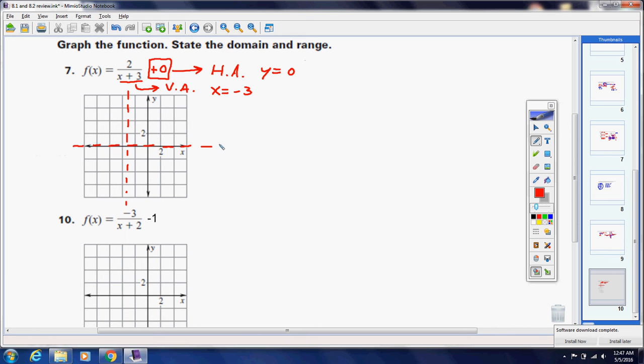And as we get really close to our vertical asymptote, the graph is going to get really close to our vertical asymptote as well. So we want x values around here and x values around here, to just make our graph a little bit more accurate.